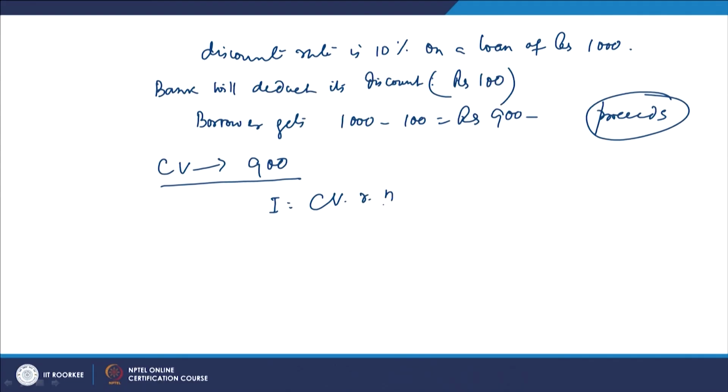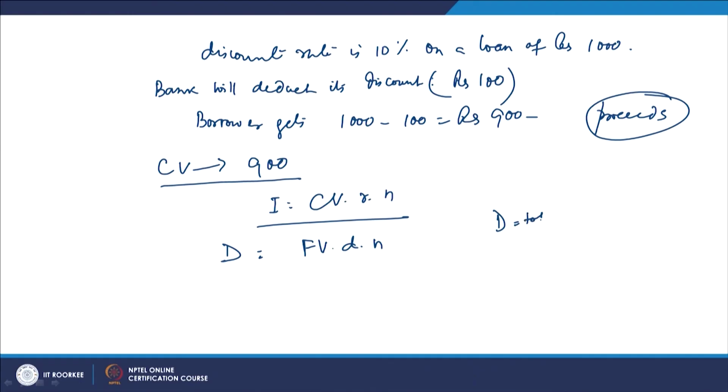When we calculate the interest, it will be CV into R into N, and similarly when we calculate the total discount, it will be FV into D into N. So, R is the rate of interest, and here D is the rate of discount. So, what we see is that D is the total discount, and we also call it the bank discount.